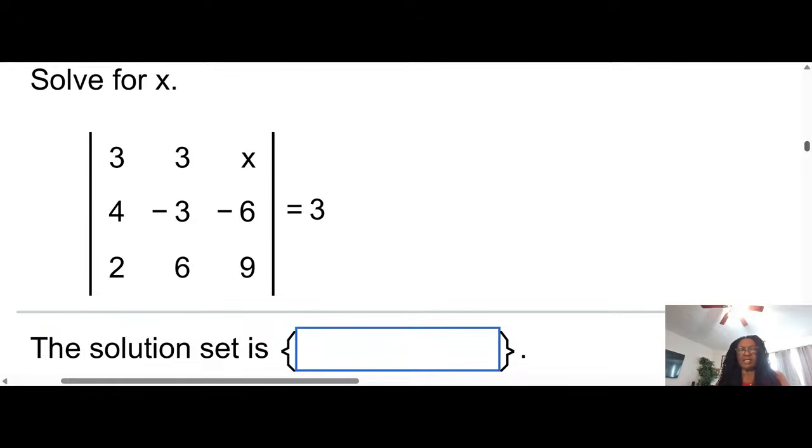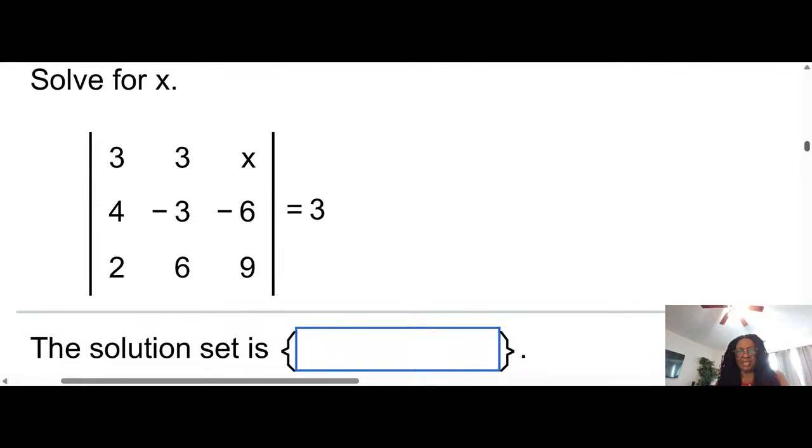Why? Because this matrix contains a variable, so your TI-84 or TI-83 may not be able to evaluate it for you. So what we can do is do it by hand.